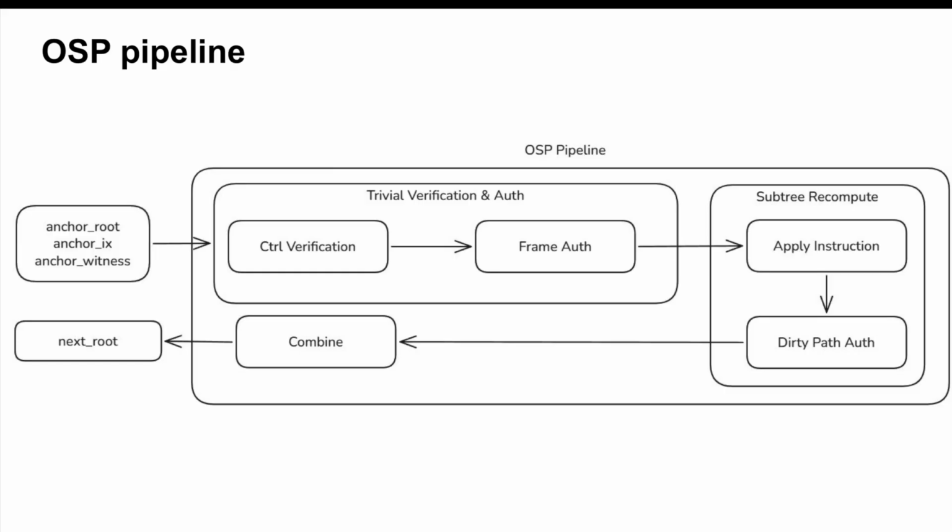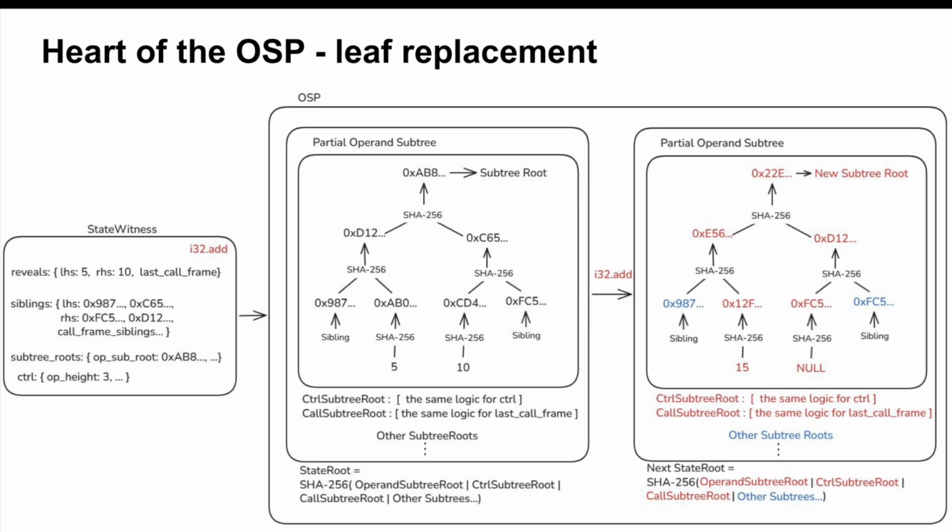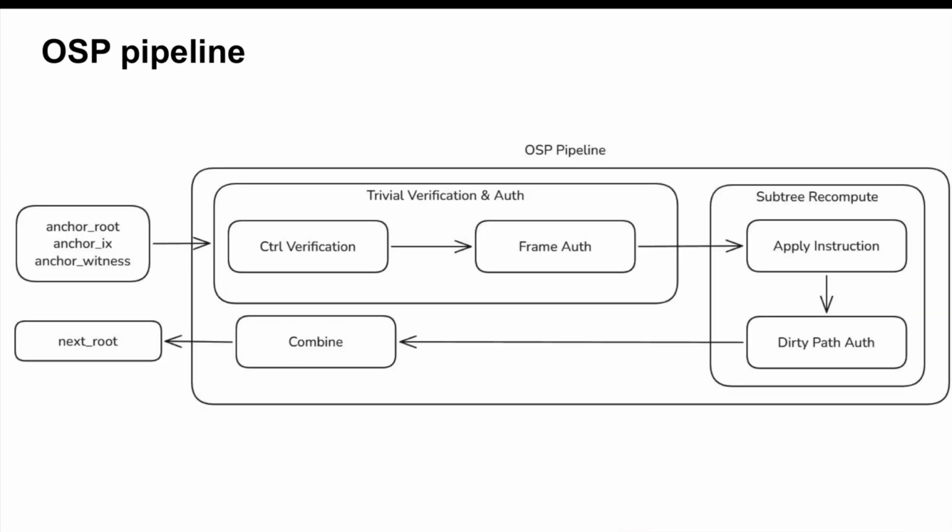OSP first does some trivial verification and authentication, like control verification and call frame authentication. Then it continues to do subtree recompute, the apply instruction, another intermediate instruction we saw, and the dirty path authentication, and I'll talk about this as well. Then in the end, it combines all the subtrees, the thing that we see here, in order to compute the next root.